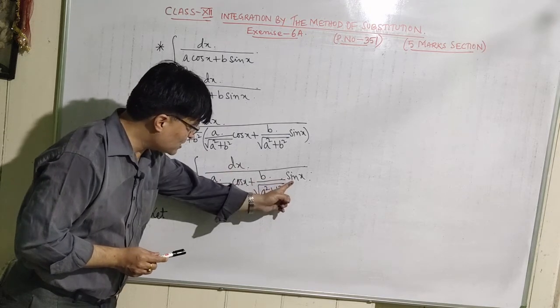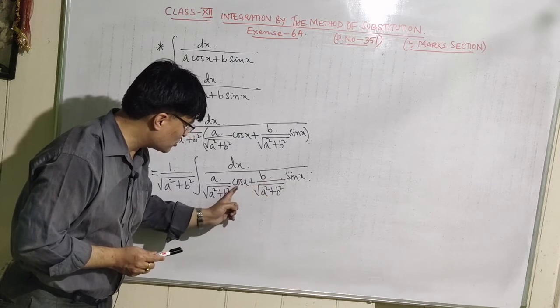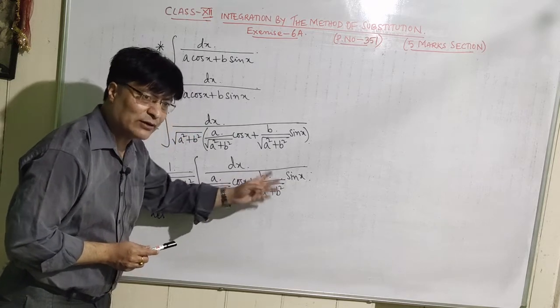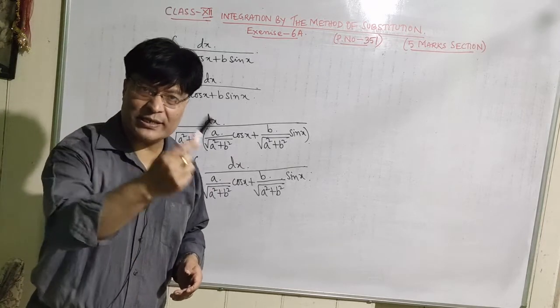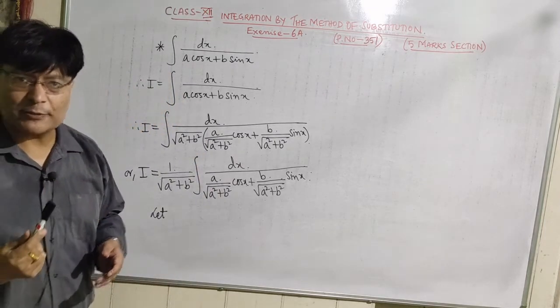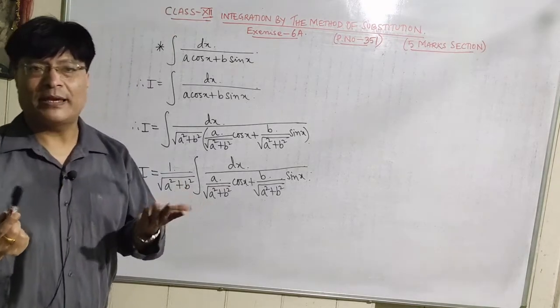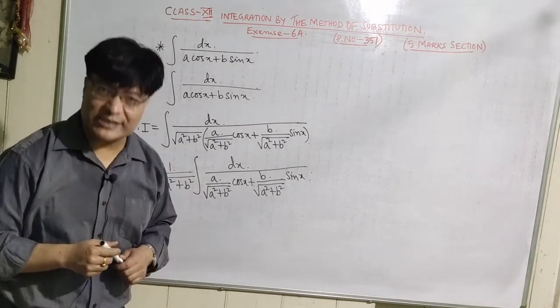Why are we assuming this? This will be the formula sin x cos theta plus cos x sin theta, sin a cos b plus cos a sin b, which is equal to sin of a plus b. So what is 1 upon sin of a plus b? It is cosec of a plus b, and you should know the integration of cosec x.